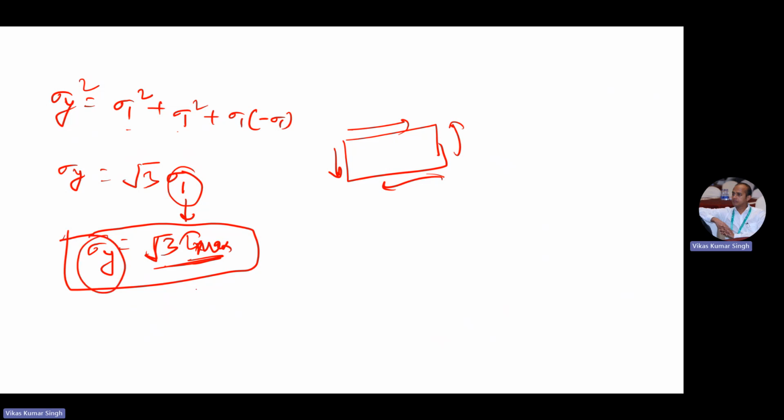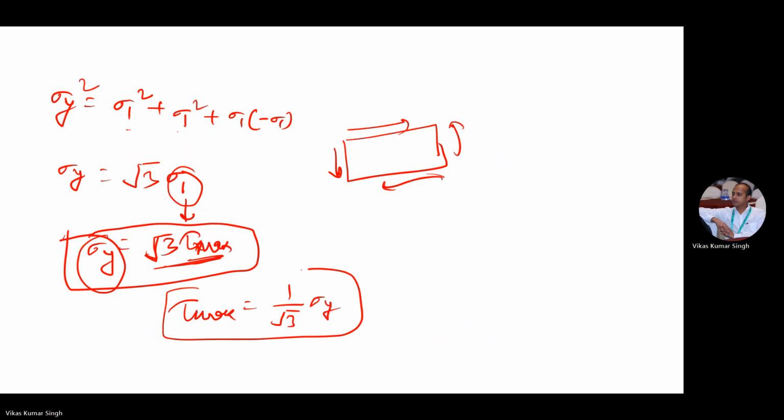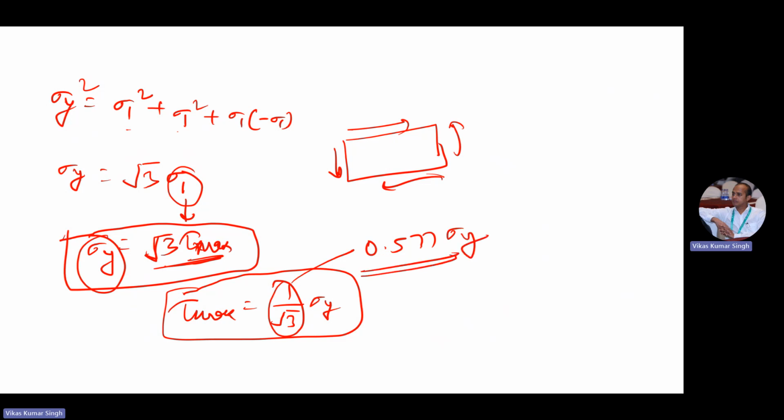And this value gives nothing but what? 0.577 into tau max equal to 1 by root 3 sigma y. And this is the condition of the maximum shear stress theory. It means what will be the condition for failure when you are putting only tau. So this will give 0.577 into sigma y. You might have remembered this formula, but from where this is coming, I just explained. Okay, I hope this is clear.